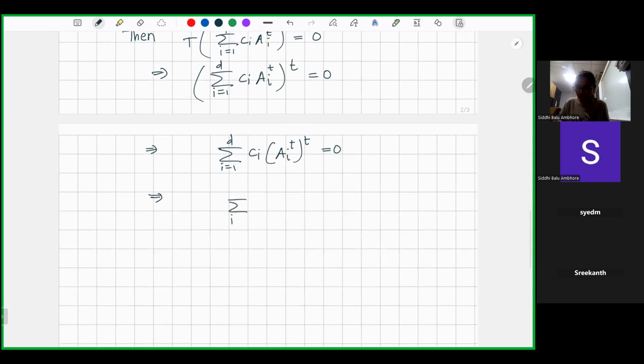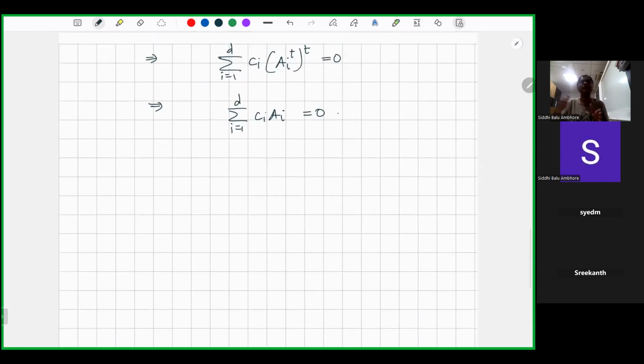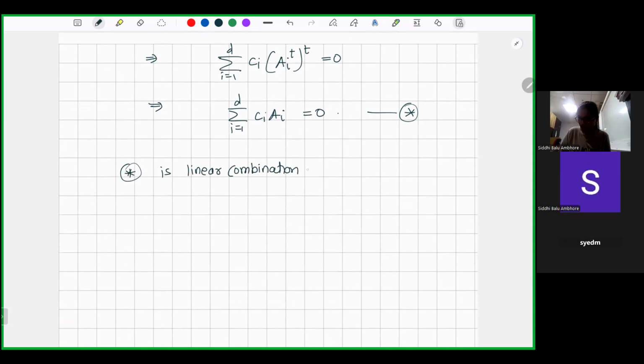And A_i transpose transpose will become A_i. So this becomes 0, and once we have this, if I call this star, it is a linear combination of A_i's which equals 0.